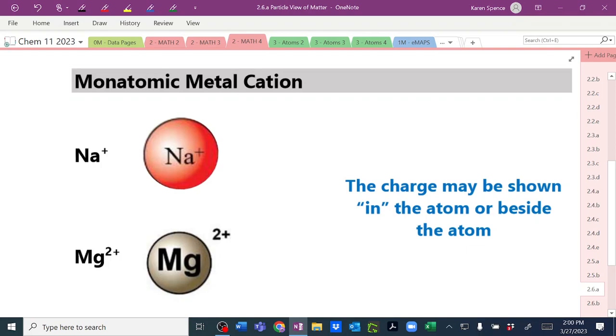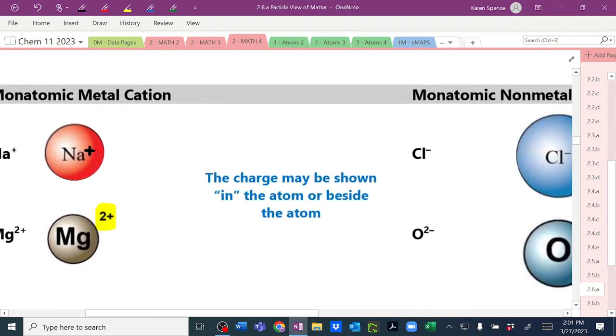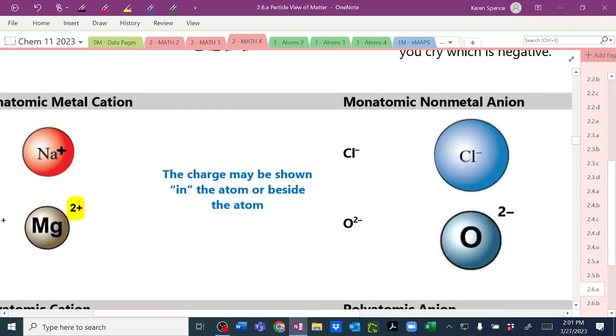Yes, they have charges. So you can either write the charge inside the atom, or you can write the charge on the outside. It doesn't really matter, okay? And same thing if you've got a negative one. If you have an anion over here, you can either write the charge inside or you can write the charge outside.